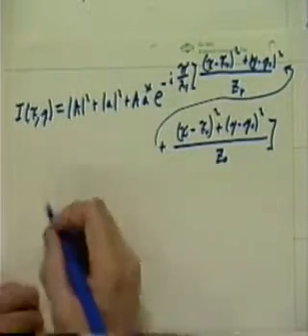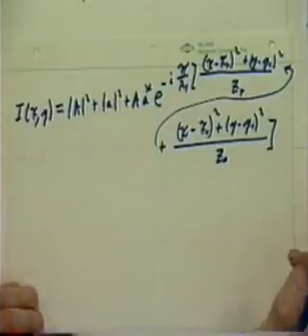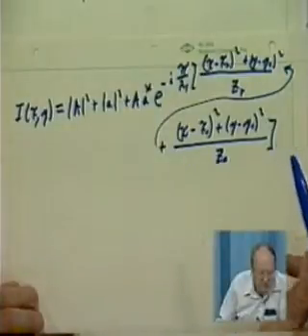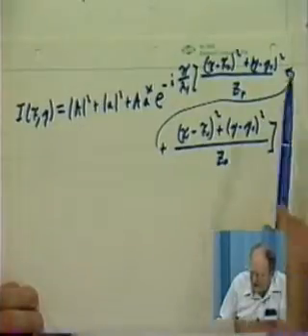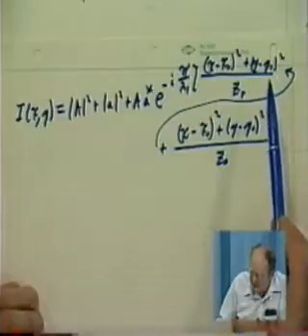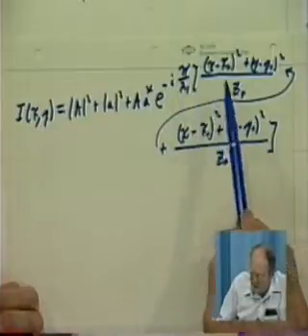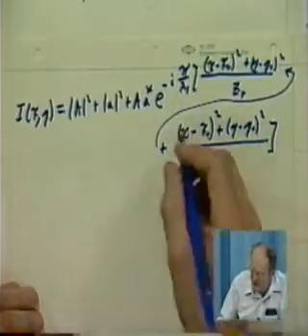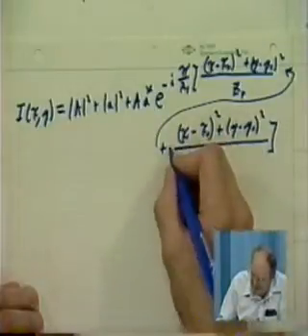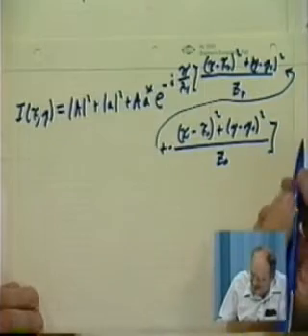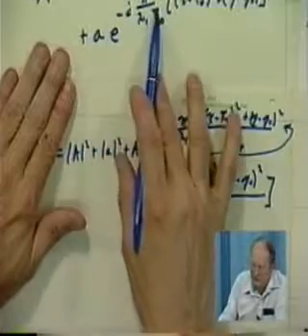And then the other term, what's that? In the bracket, there's a conjugate. Okay, let's see. The A sign will remain the same, and the other one, you're right, there's a minus sign here, right? No, there's not. That's a plus sign because it's going to be a conjugate of this right here.